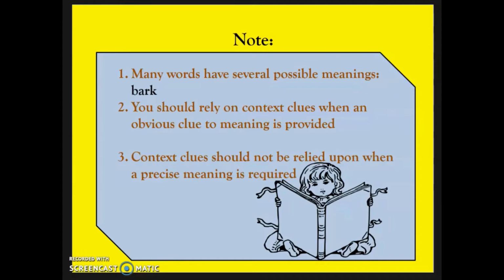In such cases, you should use a dictionary, since context clues only give us suggested or implied meaning. The suggested or implied meaning of a word is referred to as the connotative meaning of that word, and the precise or exact meaning of a word is referred to as the denotative meaning of that word.